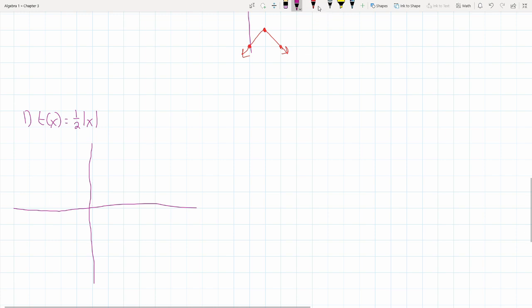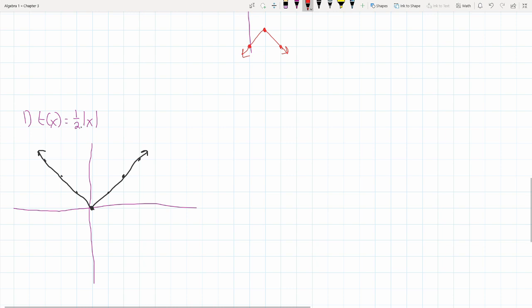So I'm going to do the parent function in black. And the parent function is what it was to start off with. And then we'll see what the change is. So go all the way down, go up, point in both directions.